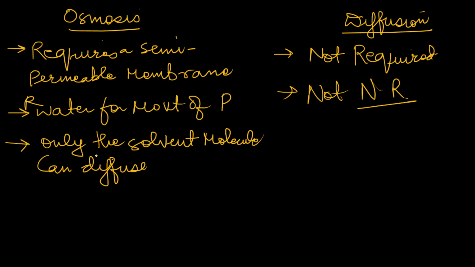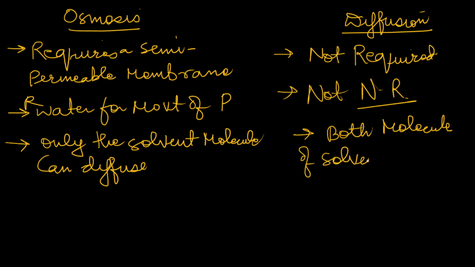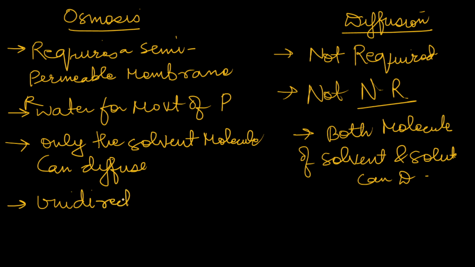But in diffusion, both molecules of solute and solvent can diffuse. In osmosis, the flow of particles is only in one direction. Osmosis is unidirectional. In diffusion, the flow of particles can be in more than one direction. So it is a multi-directional movement.